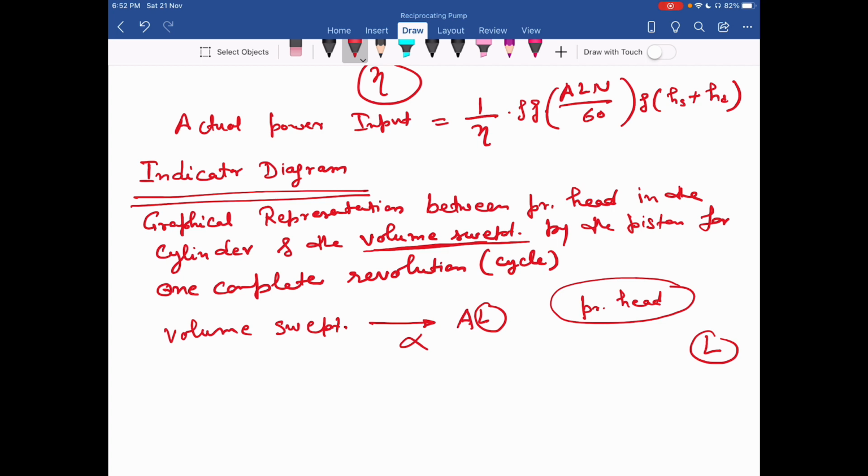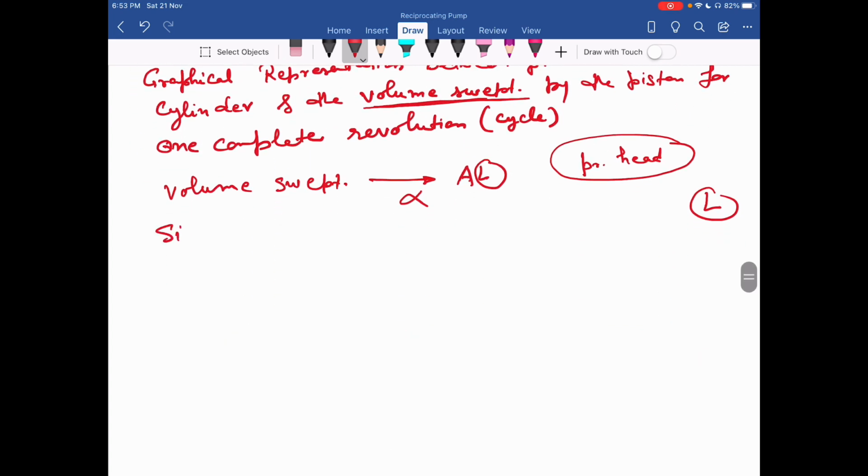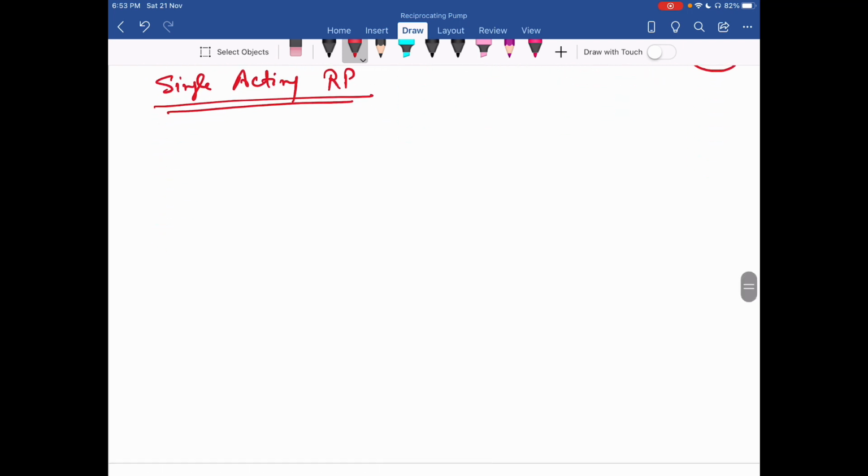A graphical diagram between these two we can also call the indicator diagram. Again, that diagram is for one cycle or one complete revolution of the crank. Okay, now if you see a single acting reciprocating pump, in that I have a piston cylinder arrangement.